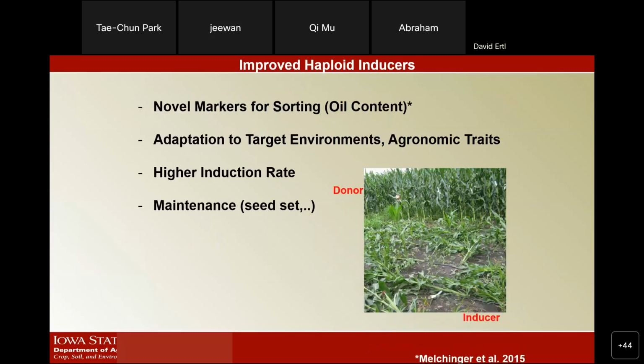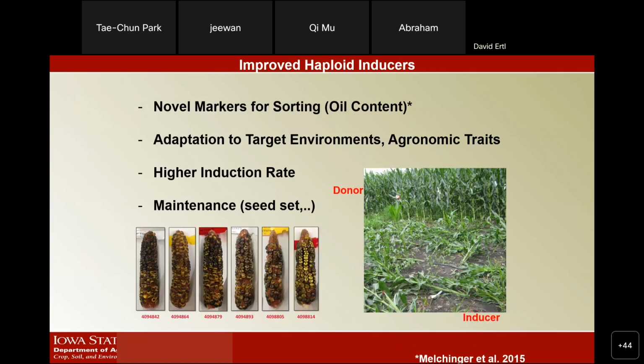But we also learned quickly that the inducer that we got from Germany wasn't really well adapted. It was typically susceptible to storms and lodging, though it was still viable. We could collect the pollen from the ground, but we decided we need something that is standing up under Iowa conditions.